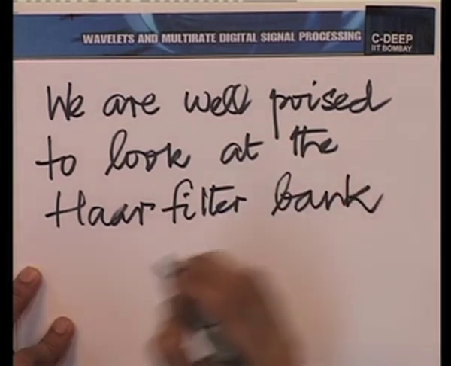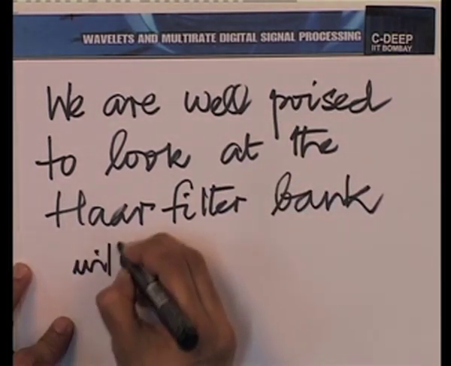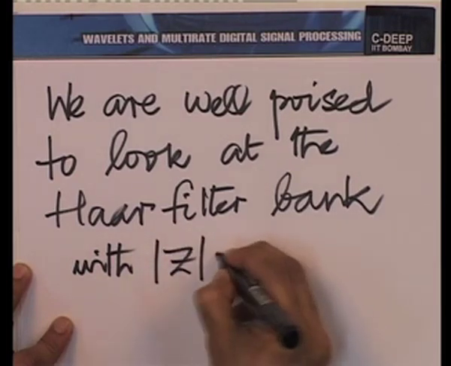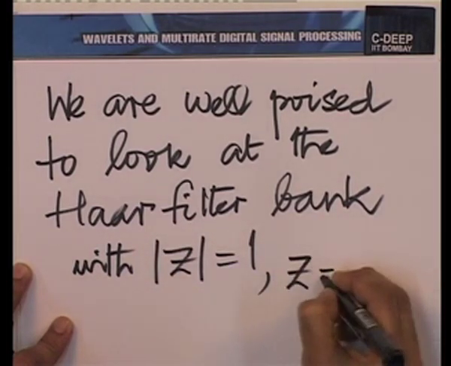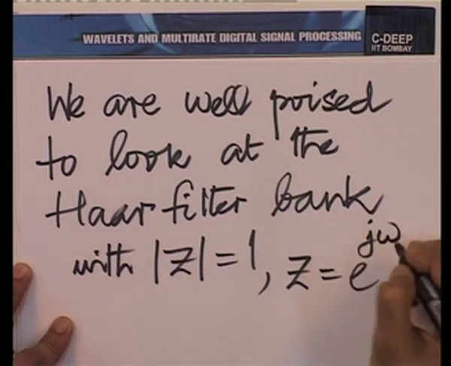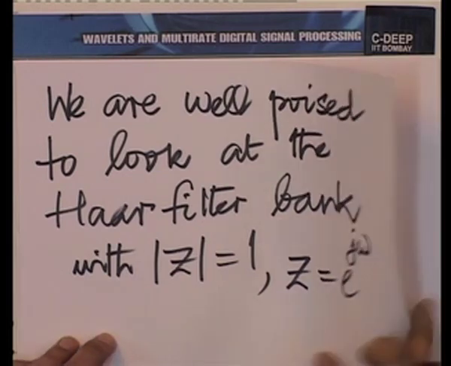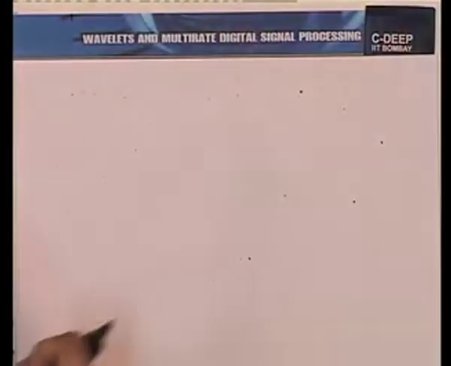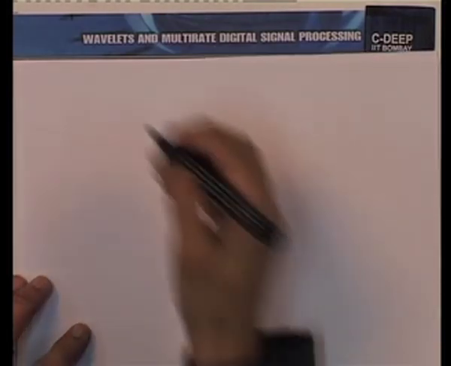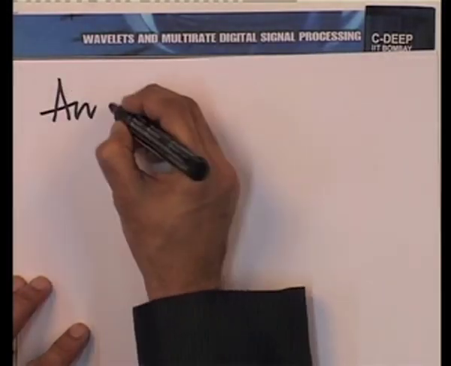And what do we mean by the frequency domain? With mod z equal to 1, or z equal to e raised to the power j omega. Indeed, consider the analysis side, the analysis filters.